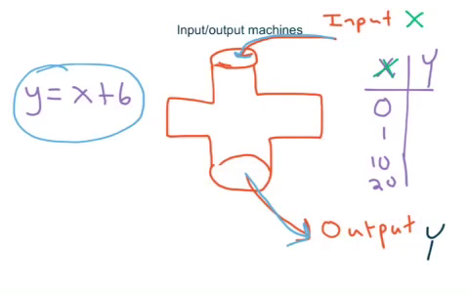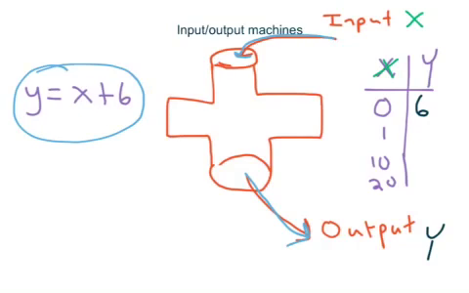So if I would plug 0 into my function machine, 0 plus 6 gives me 6. No matter what, when I plug 0 into my function machine, using this equation, I will only get 6.